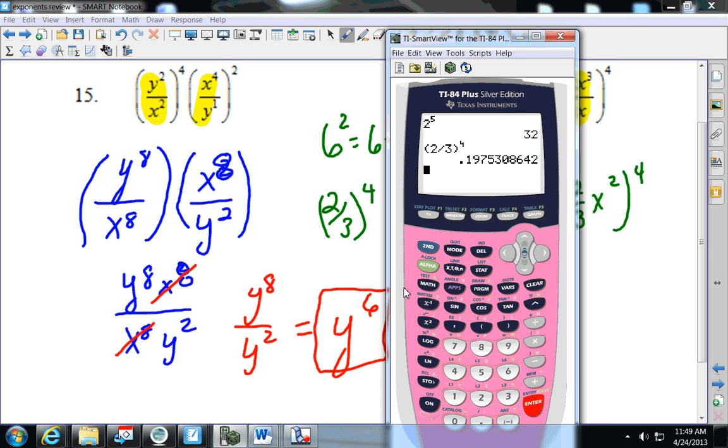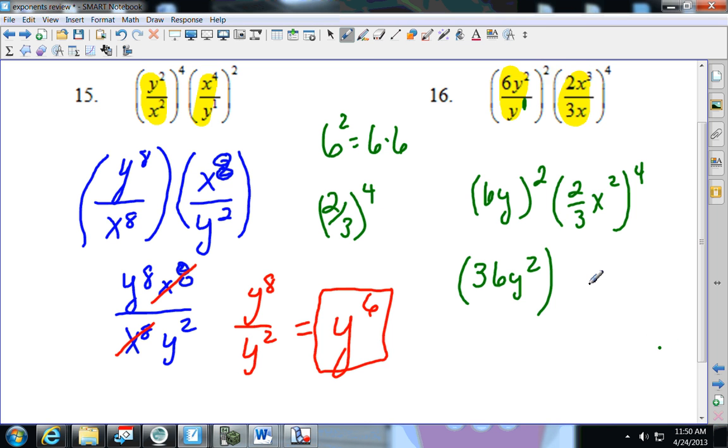Let me see if I can change it to a fraction. Math, enter, enter. Okay, well, it gave us 16 over 81. That's fine. We'll go over here, and I'll put 16 over 81, and then x to the 8th power. 2 times 4 is 8.